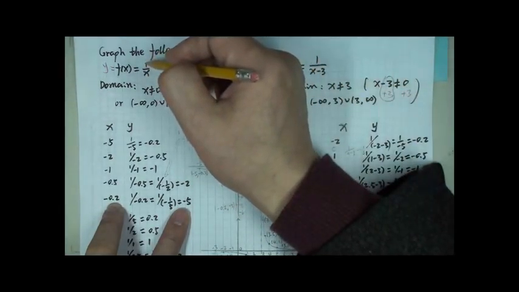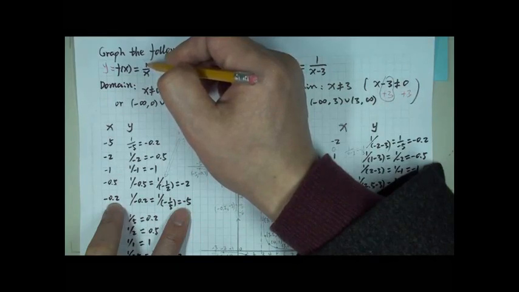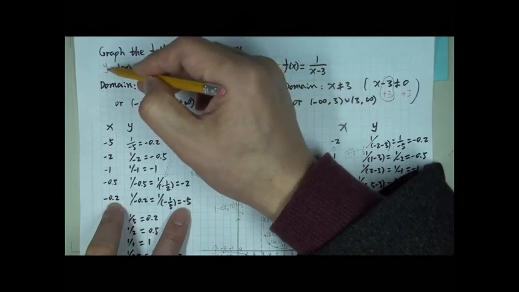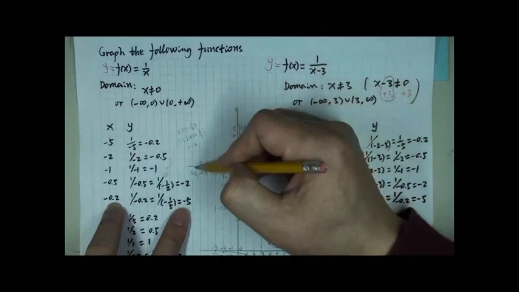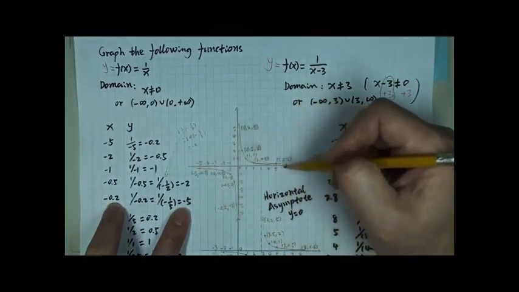If you want this whole thing to be 0, the numerator has to be 0. But the numerator is always nonzero, it's 1. So y can never be 0, which means this line can never touch the x-axis.